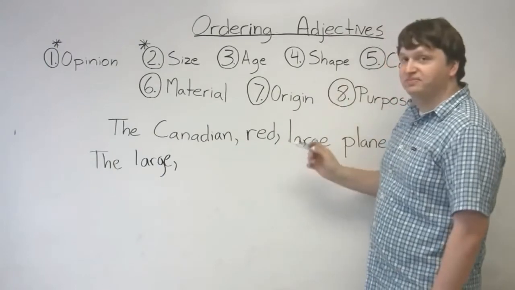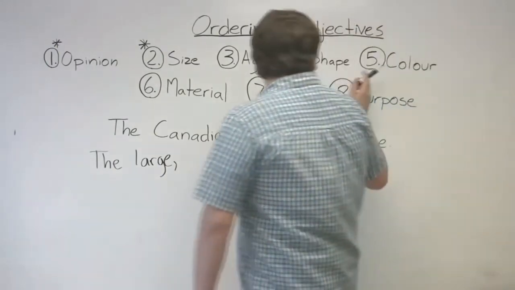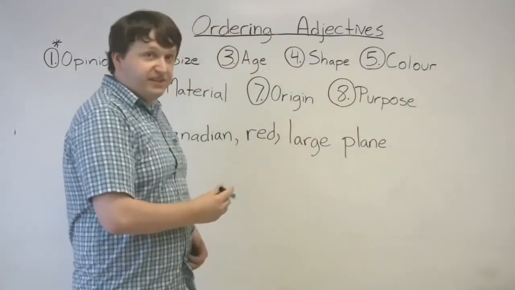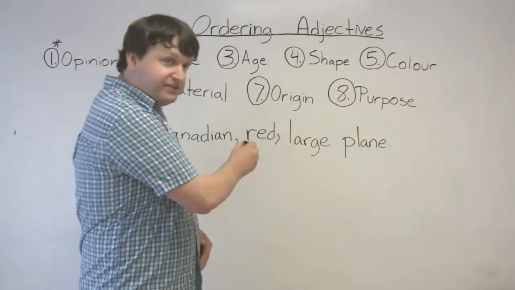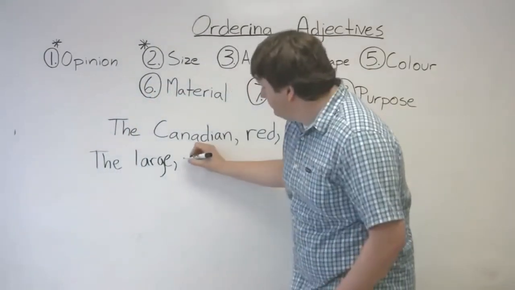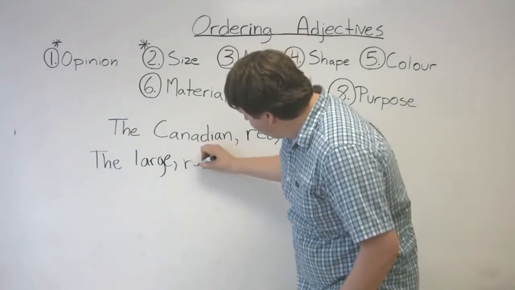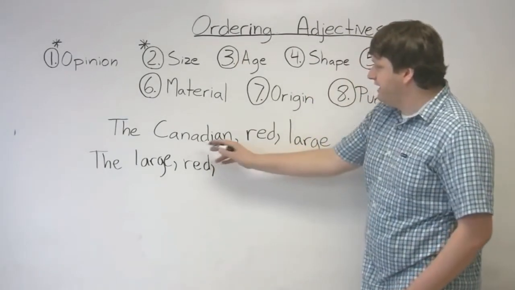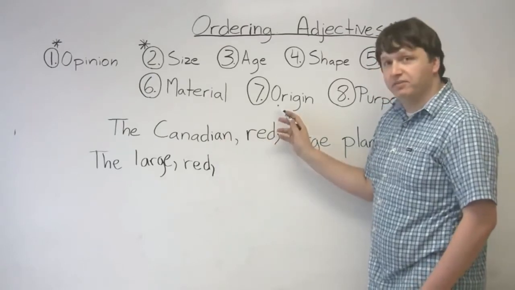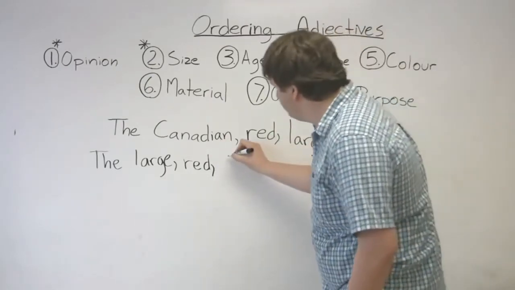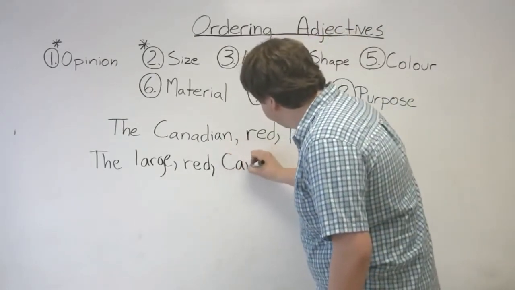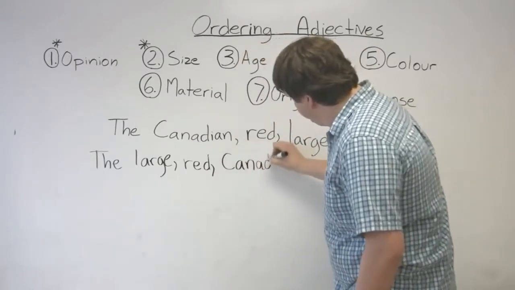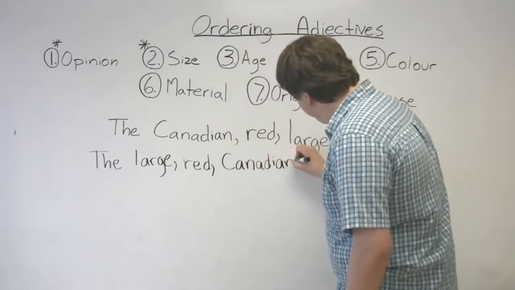Shape? Nope. How about color? There's a color in there, right? Red. So next is red. The large red. And the last thing here that we have is Canadian. Canadian is the origin of the plane. So we would say the large red Canadian plane.